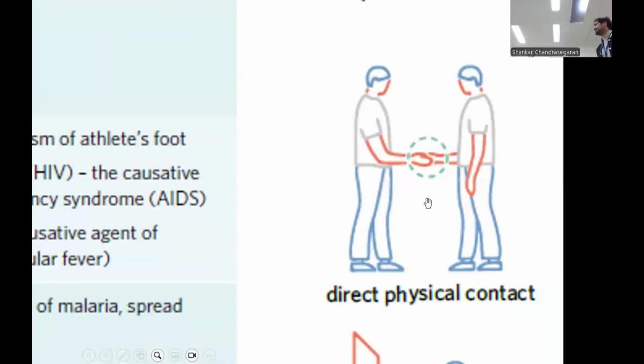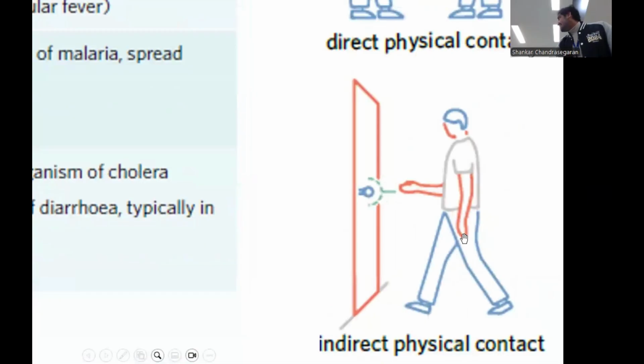Next is direct physical contact. That is also another way that pathogens can be spread. And lastly is indirect physical contact. So the difference between direct and indirect is that with direct, you are basically making contact with the person with the pathogen, whereas indirect is when you're making contact with something the person with the pathogen has touched.